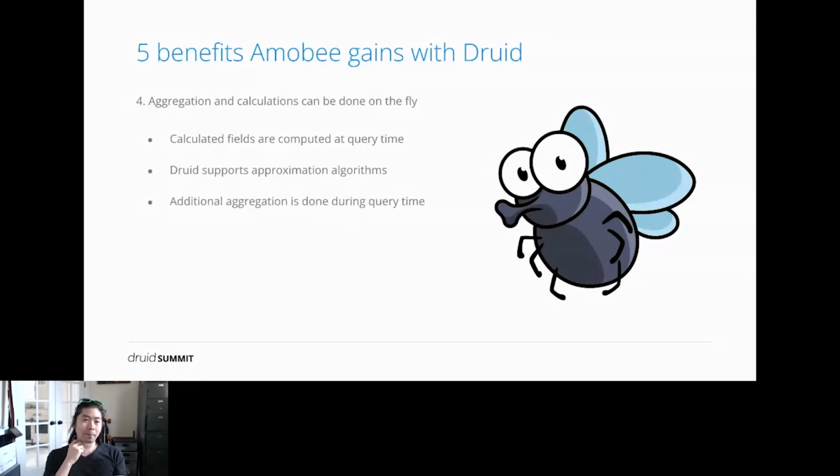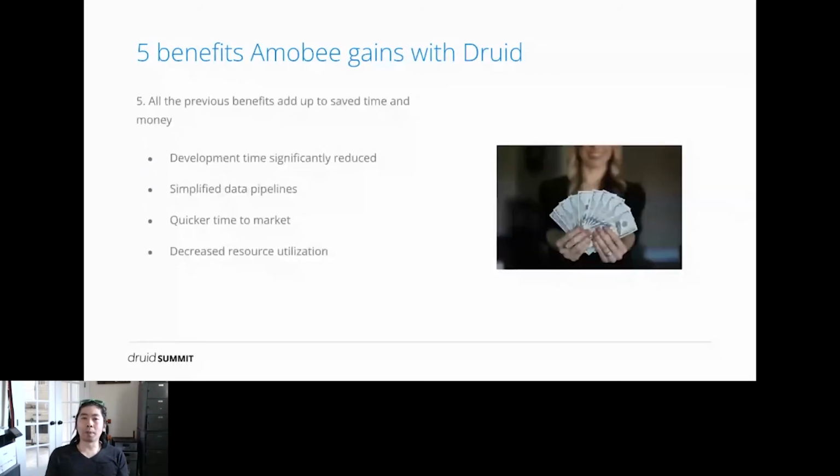All these benefits lead up to cost savings for the company and more potential earnings. You no longer have to keep these complicated data pipelines, so you reduce costs on dev maintenance. Now that everything is done at query time, you don't have to worry about exposing new calculations in the data pipelines anymore.